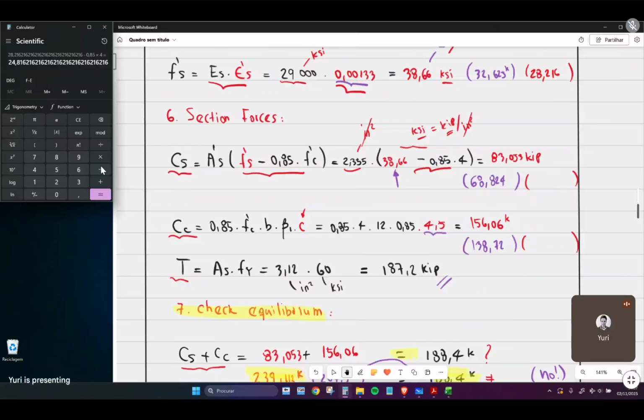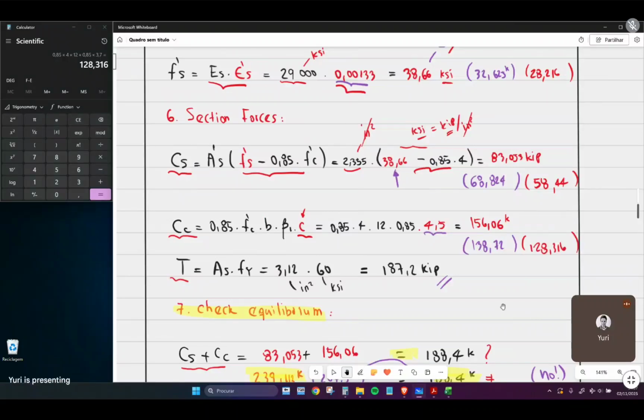And then multiply by 2.355. Right, we have 58.44. Perfect. And lastly, this last one here. So 0.85 times 4 times 12 times 0.85 times 3.7, 128.